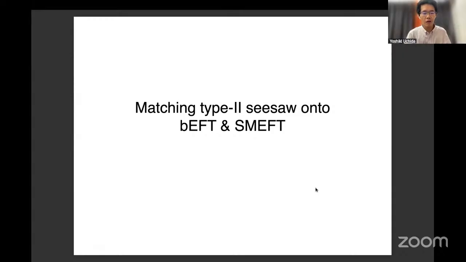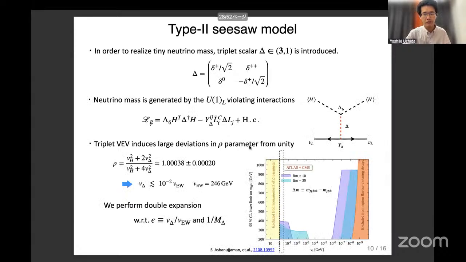So now let's perform matching of the type 2 seesaw model onto the broken phase effective field theory and SMEFT and compare these two effective field theories. In this talk, we focus on the type 2 seesaw model, and this is a brief introduction of it.